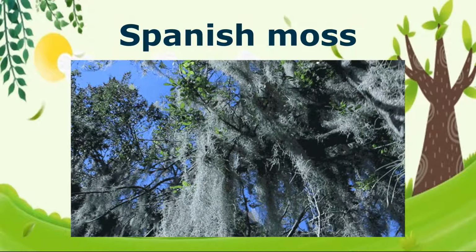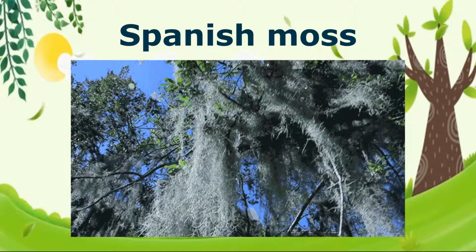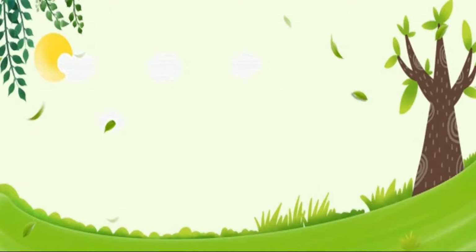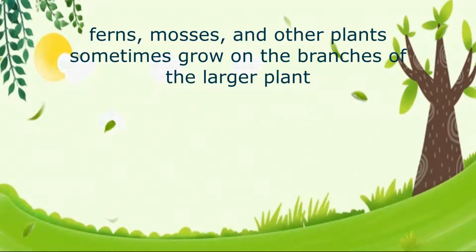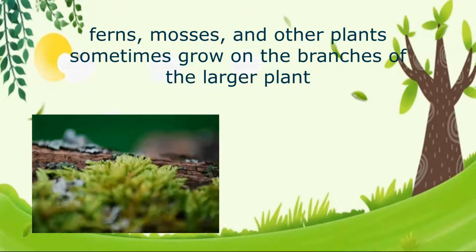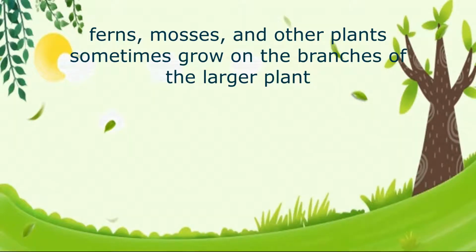The Spanish moss benefits in the relationship while the trees remain unaffected. Another example: ferns, mosses, and other plants sometimes grow on the branches of a larger plant. The larger plants are not harmed, but the smaller plants benefit from the habitat.